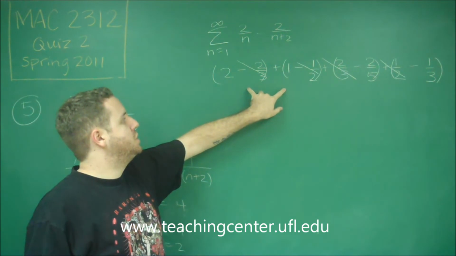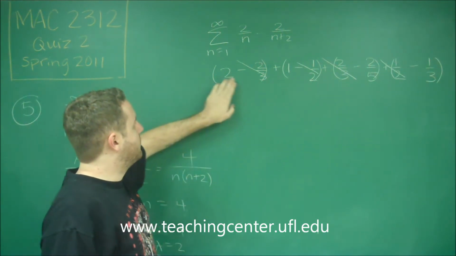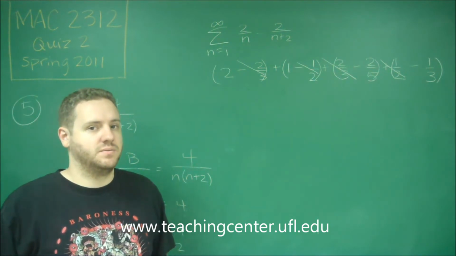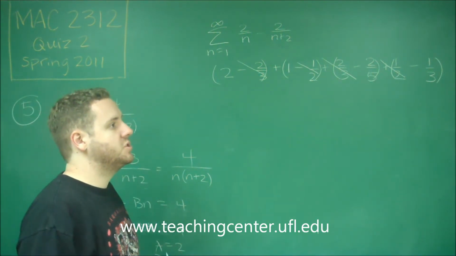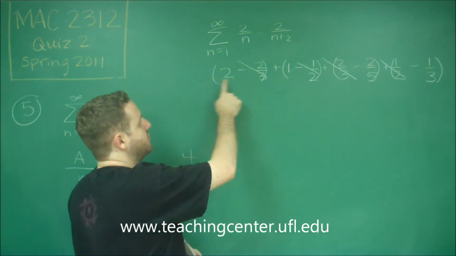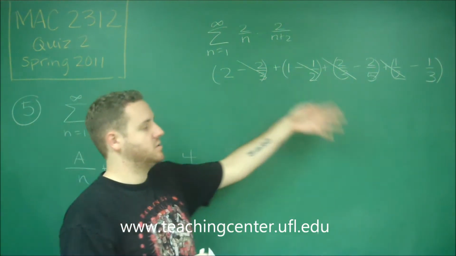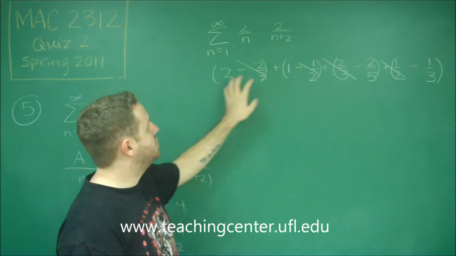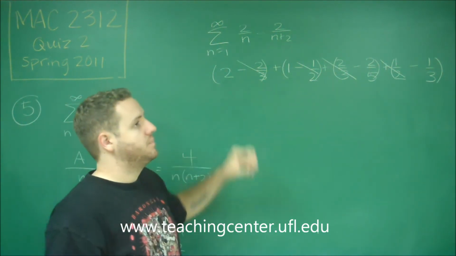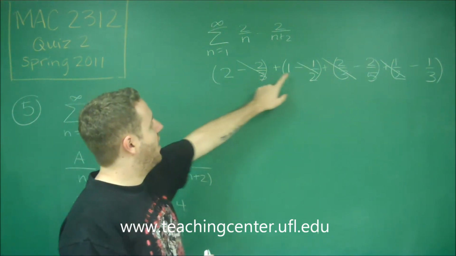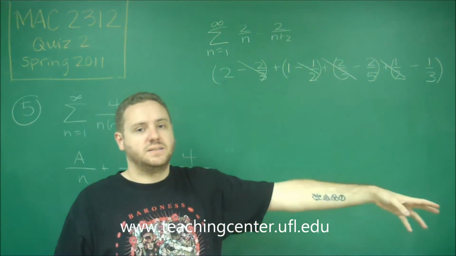Of the first two terms of the series, the first parts of them are never going to cancel out with anything else for the rest of the terms. Usually, like I said, in a telescoping series where you're only one off, the very first one would never cancel out, but everything else would. In this case, because we're two spaced, the first halves of the first two terms are going to stay there. Everything else is going to cancel out.